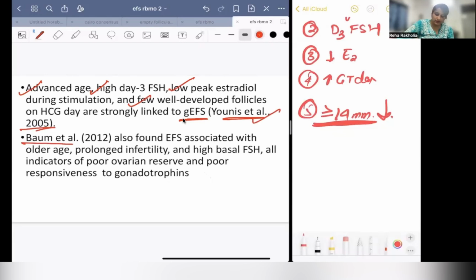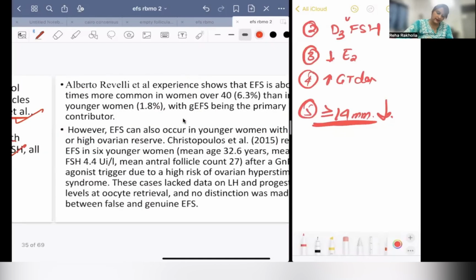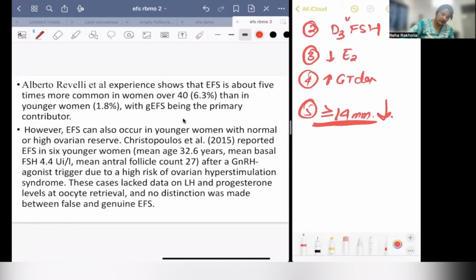Studies, and Bem et al. 2020 also found EFS associated with older patients, prolonged infertility, and high basal FSH, all indicators of poor ovarian reserve and poor responsiveness to gonadotropin. Alberto Revilli et al. showed that EFS is about 5 times more common in women over 40 than in younger women, with genuine empty follicular syndrome being the primary contributor.